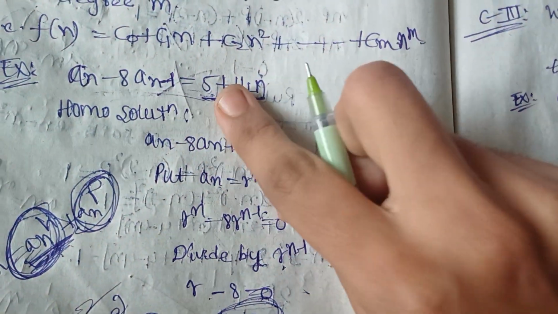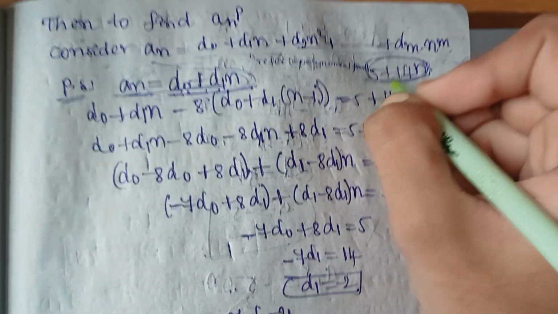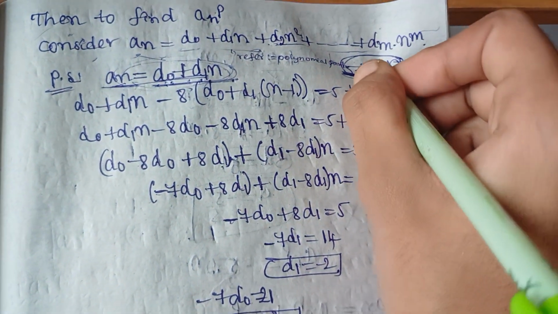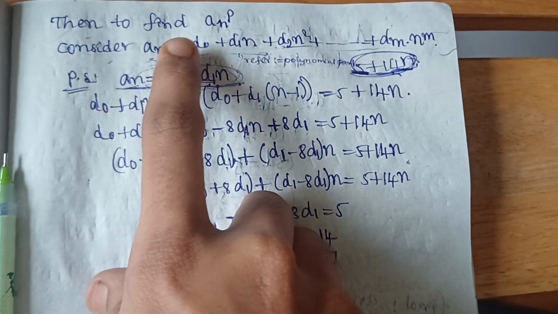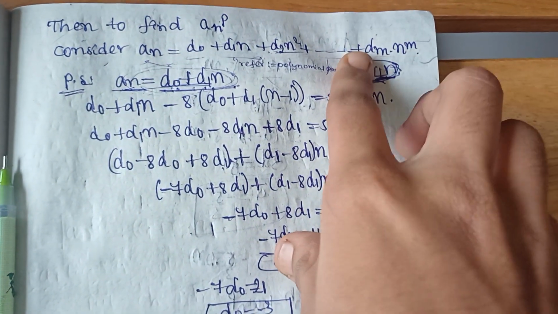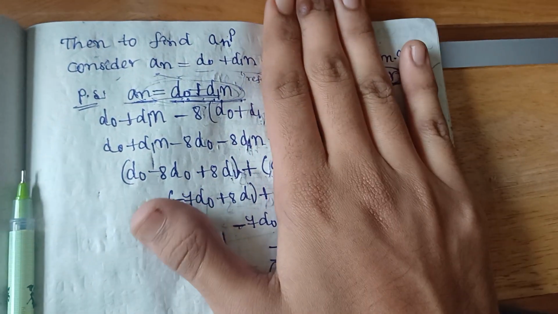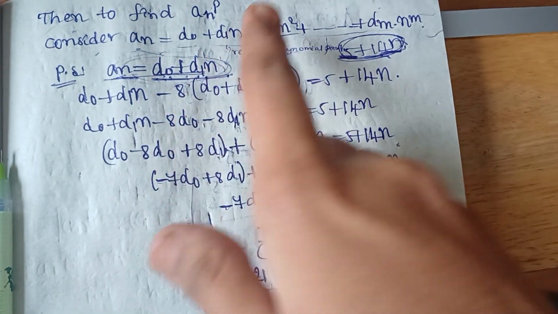You are provided with 5 plus 14n in your question, right? So here d naught is nothing but a constant, and after that you will be having d1 into n. If you wanted to find an power p, you should consider an equal to in this way. But as long as you have only 5 plus 14n form, you should stop here. Now your particular solution an equal to d naught plus d1 into n.